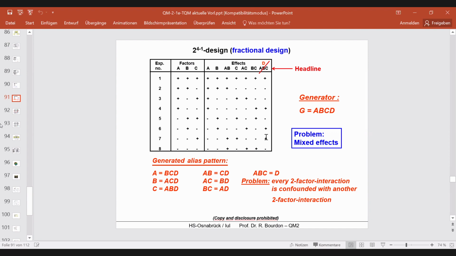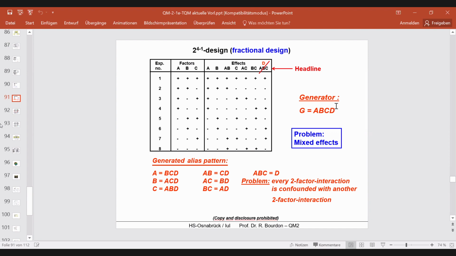This means that a so-called generator is generated here, and the generator consists of all these elements, A, B, C, and D. This is the generator.